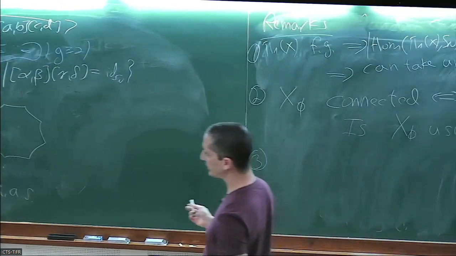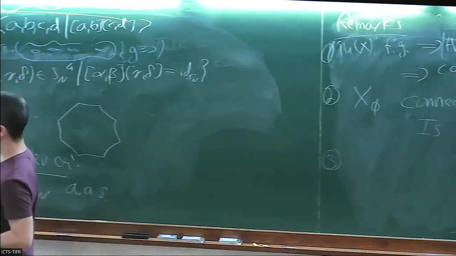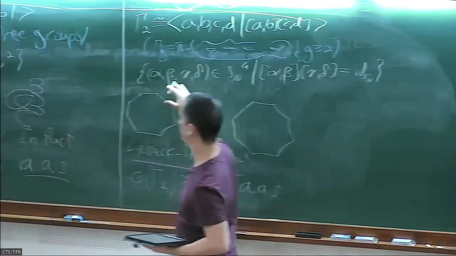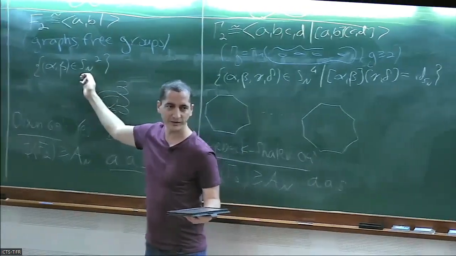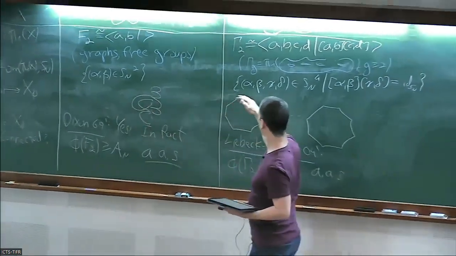Okay, the third remark, and we're going to say more about it later, is about the size of these sets. Here, of course, the size is obvious. It's just n factorial squared, right? But what is the size here?